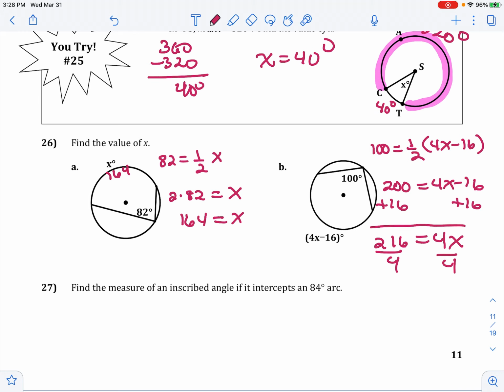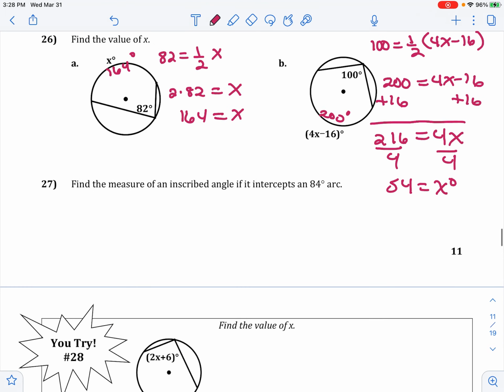Divide by 4, and I should get, I think, 54. 54 equals x. Which should make sense because if I do 54 times 4, I get 216 minus 16 is 200. And 200 is twice 100. 100 is half of 200. So there's a couple inscribed angle problems.